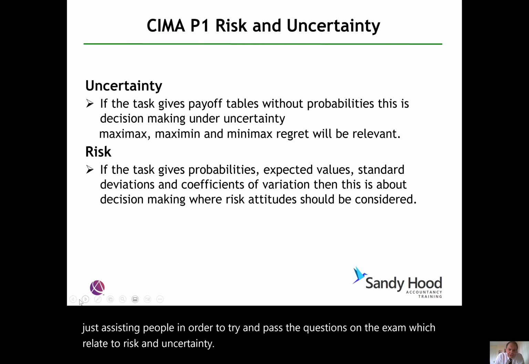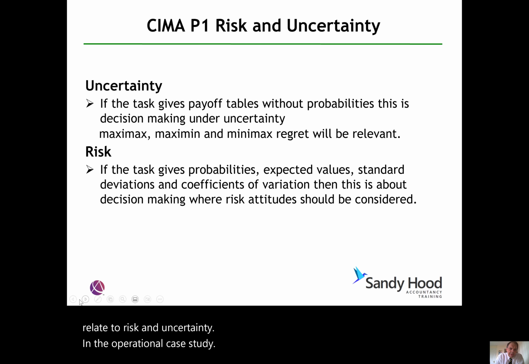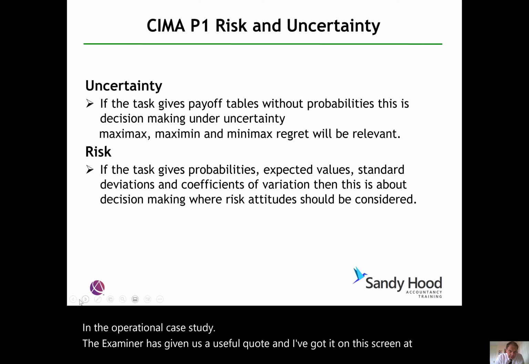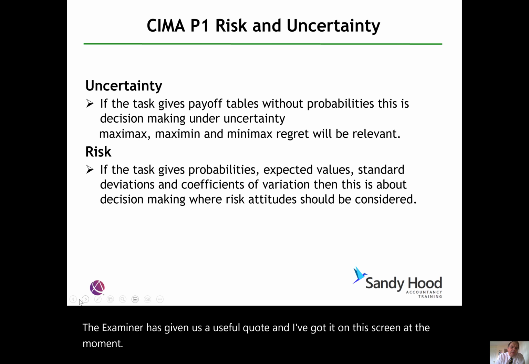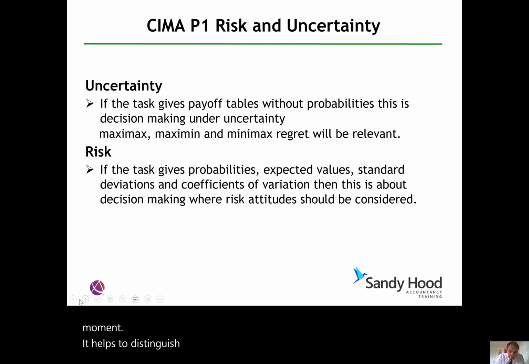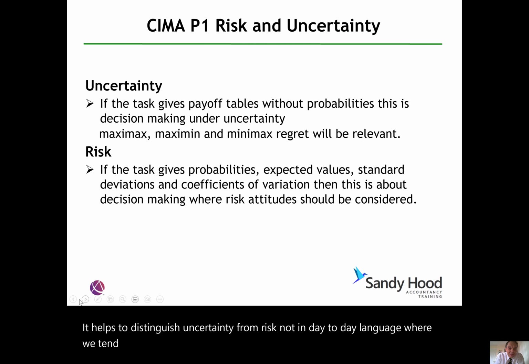In the operational case study, the examiner has given us a useful quote, and I've got it on this screen at the moment. It helps to distinguish uncertainty from risk, not in day-to-day language where we tend to use them interchangeably, but certainly as far as accountancy exams are concerned.